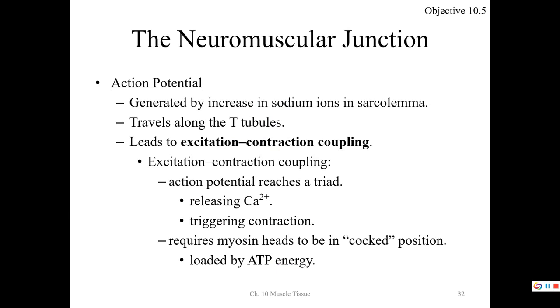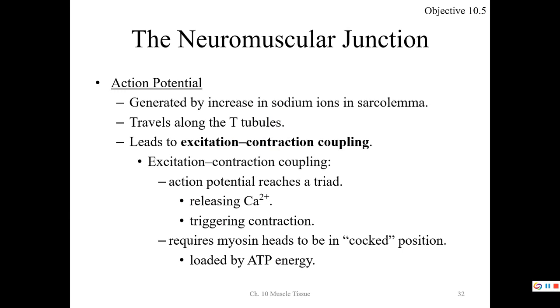And what this will require is that myosin heads have to be cocked. So think of it this way: I'm going to use a gun as an analogy, especially a double-action revolver, a gun you've probably seen at least in movies or TV. Maybe you've shot one; I do enjoy shooting revolvers along with some other firearms.